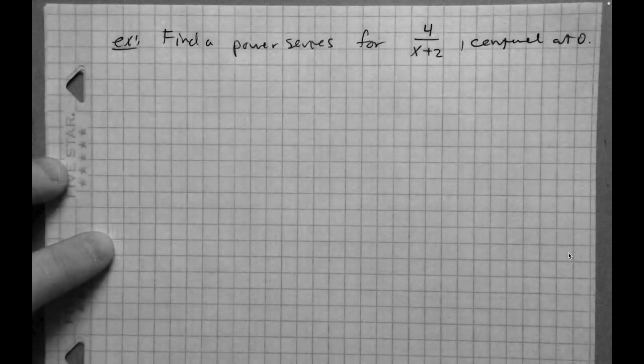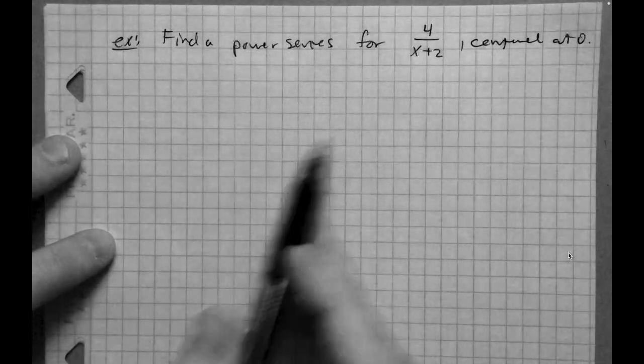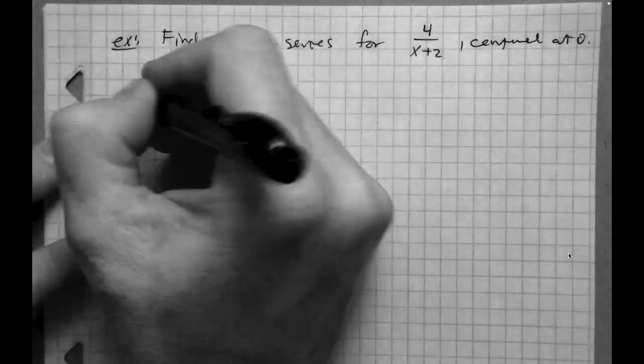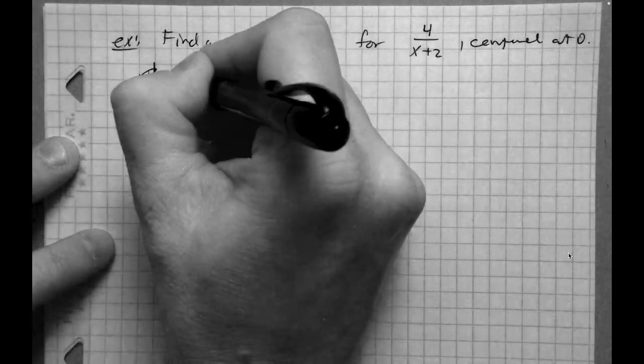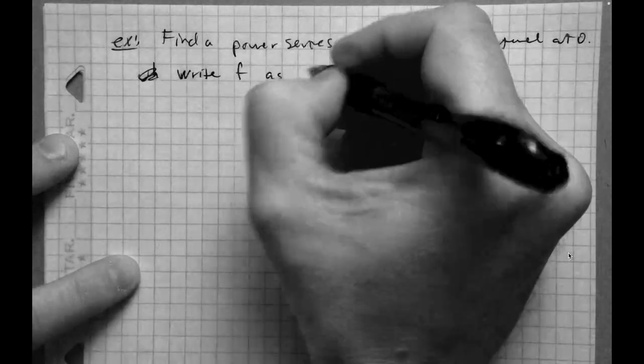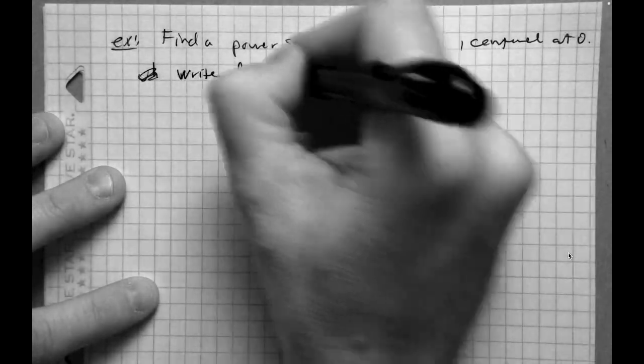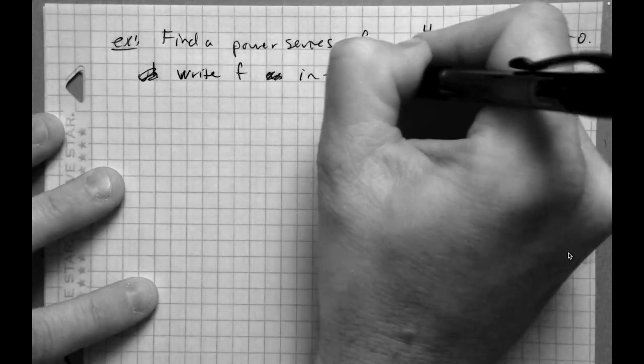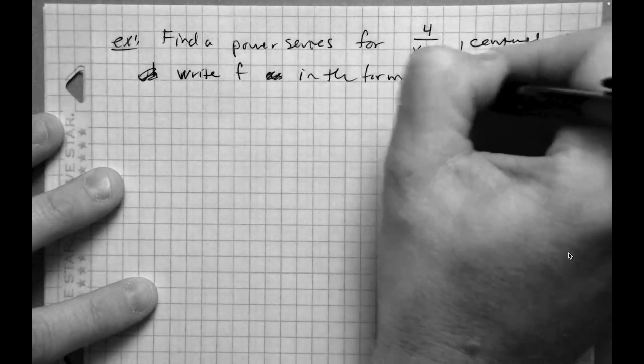Okay. So this is our f of x, so let's write f in the form a over 1 minus r, right?